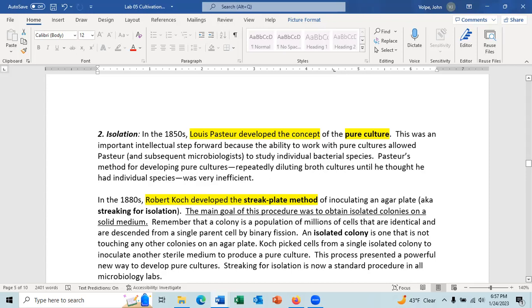And Robert Koch developed a much easier way to get a pure culture. What he did was he simply streaked the bacteria on a solid media, meaning a plate of agar, and got isolated colonies. You then take the cells from that isolated colony and you streak it again for isolated colonies on a second agar plate.